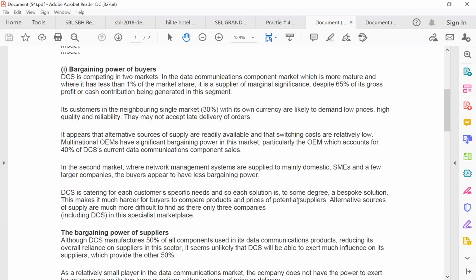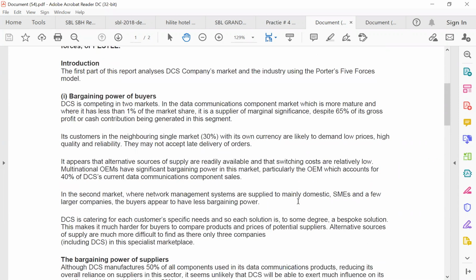Its customers in the neighboring single market are likely to demand low prices, high quality, and reliability. They may not accept late deliveries of orders. It appears that alternative sources of supply are readily available and that switching costs are relatively low.